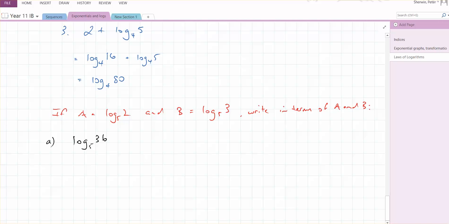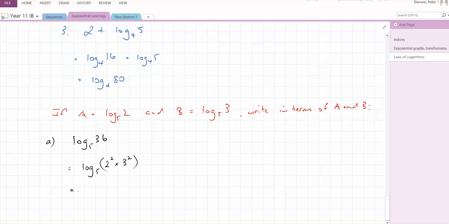So we need to get 36 somehow out of 2 and 3. So how can we do that? Can we say that log 36 is equal to 2 squared, 4, times 3 squared, 9? Would that be a fair statement? So log 36 is log of 2 squared times 3 squared. This is 4 times 9 is 36.